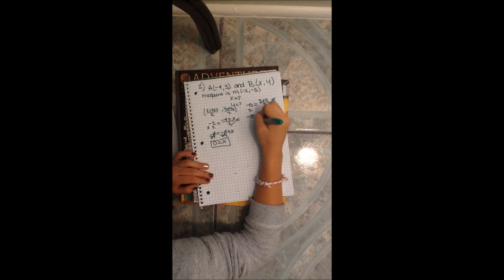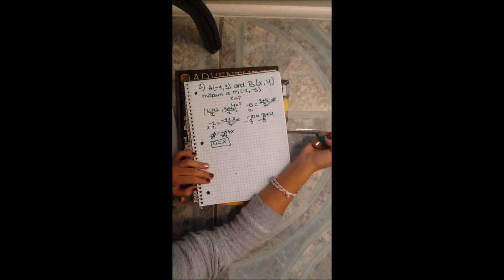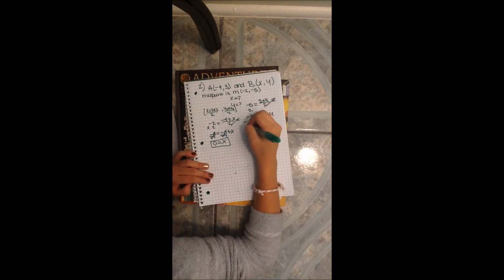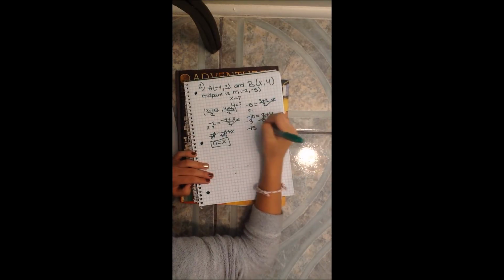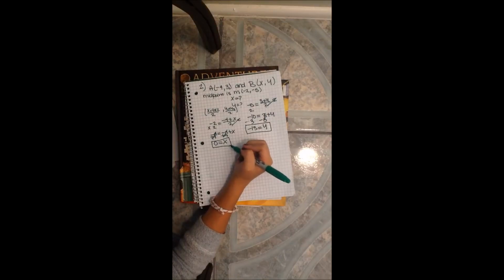A negative plus a negative is a negative, so negative 13 equals y. And so x would be 0 and y would be negative 13.